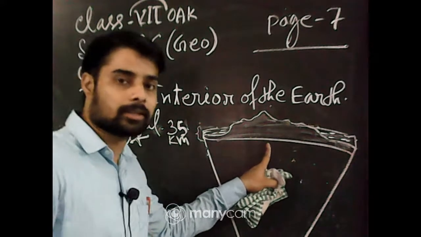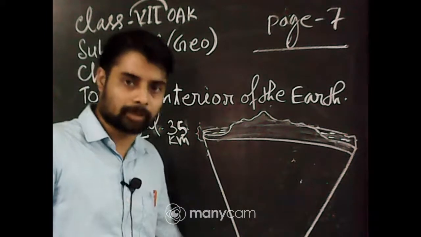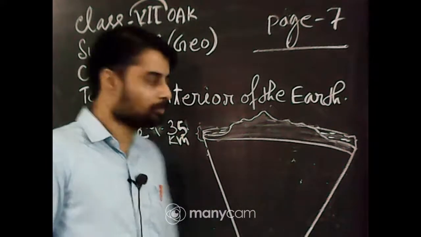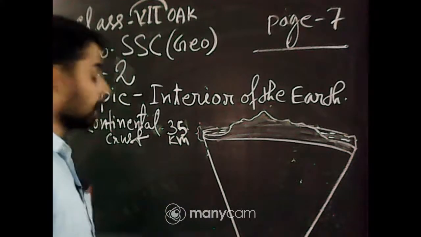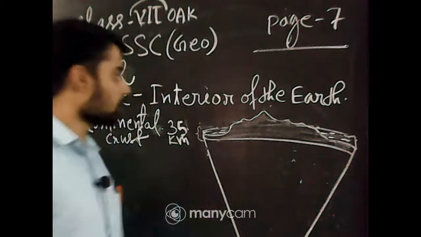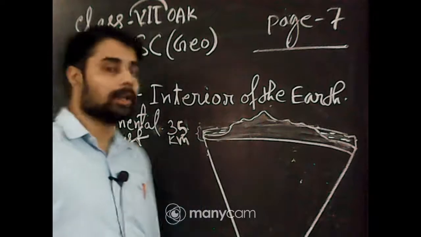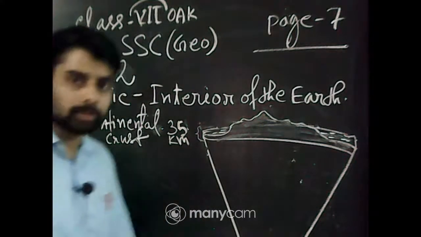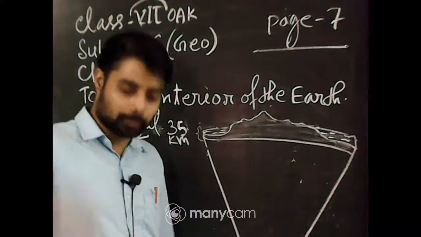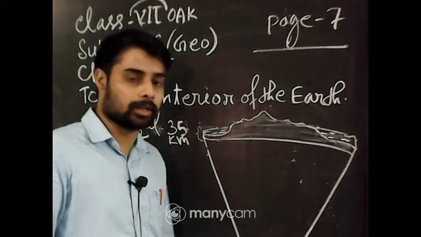There are 7 continents: Asia, Africa, Europe, North America, South America, Oceania, which is also called Australia, and another one, Antarctica, which is at the South Pole. So below these continents, up to 35 kilometers is called the continental crust, and below the oceans, 5 kilometers below the ocean floor is called the oceanic crust.